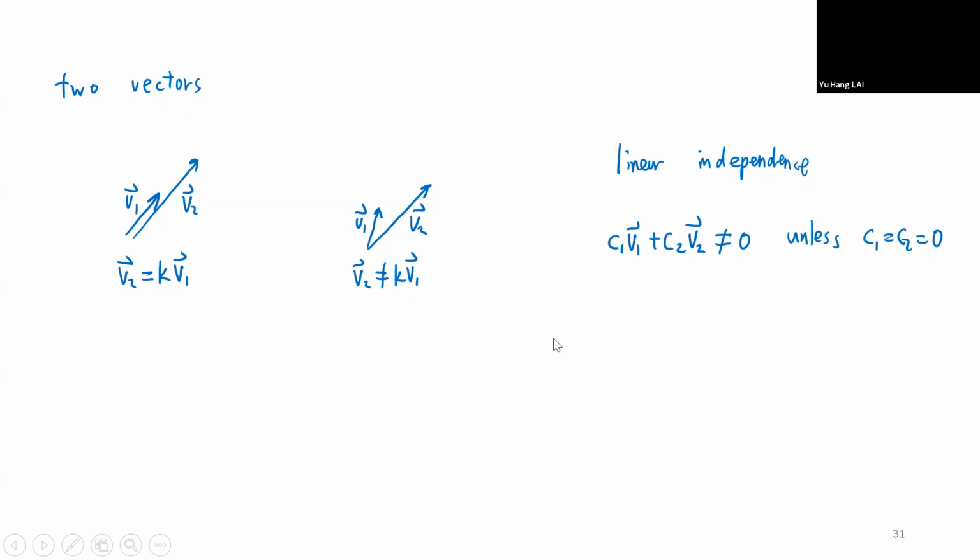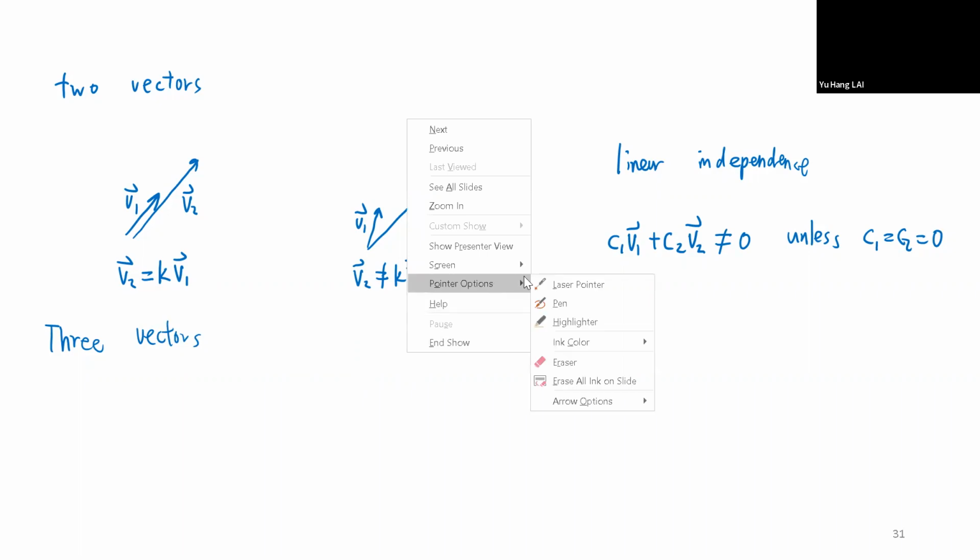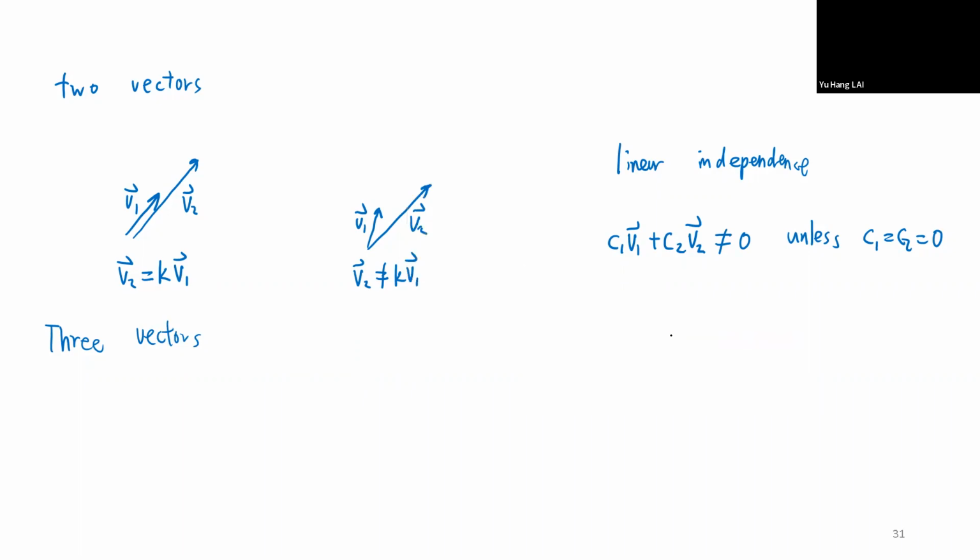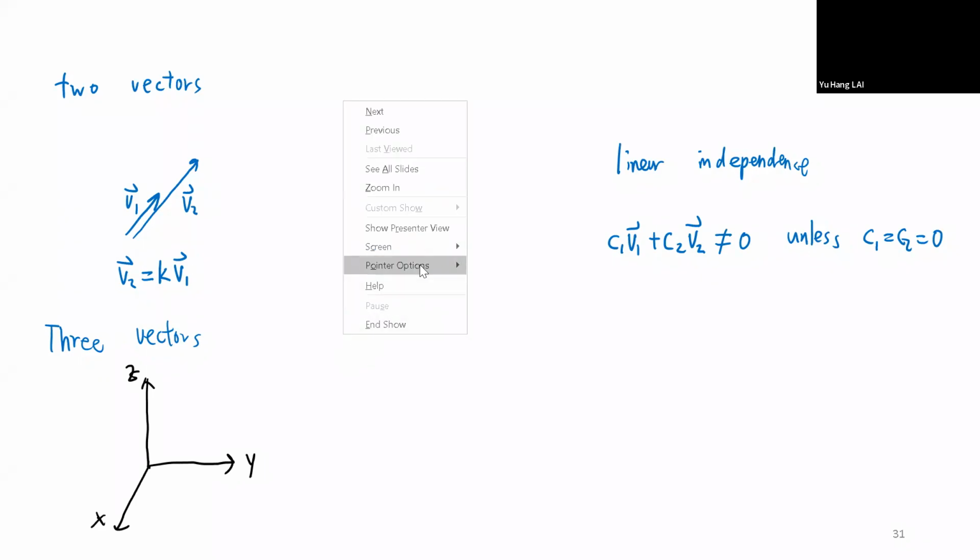Now we want to think about three vectors. This time, I want to draw a three-dimensional space and draw three vectors in it: v1, v2, and v3.